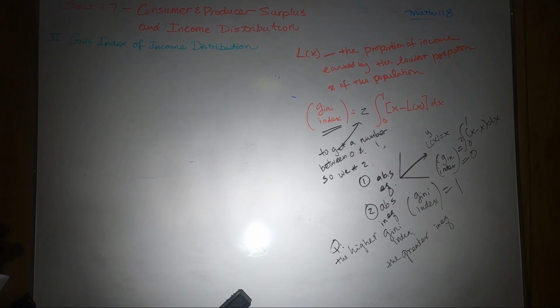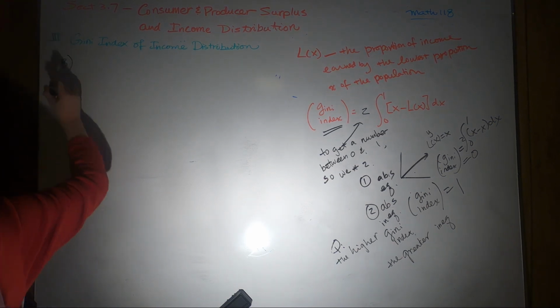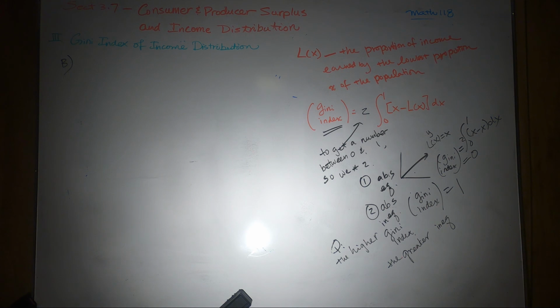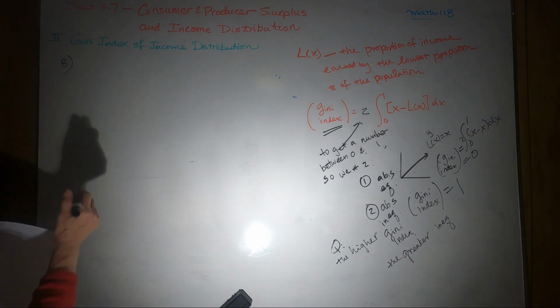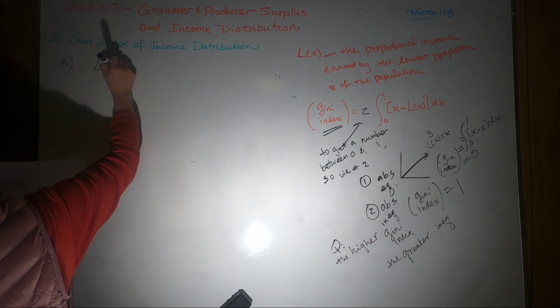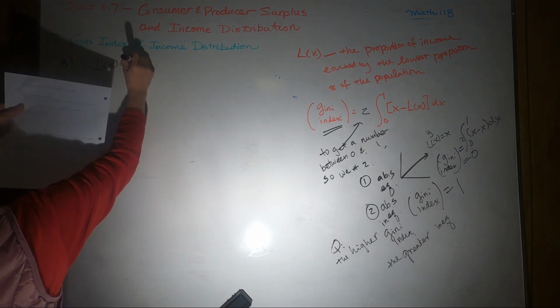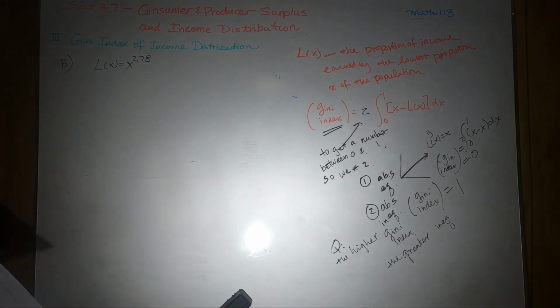So let's look at some examples on your page 80. Find the Gini index. Here it says the Lorenz curve for income distribution in the US in 2012 was approximated by L(x) = x^2.78. Find the Gini index. The source is the Census Bureau. Those are formal data.